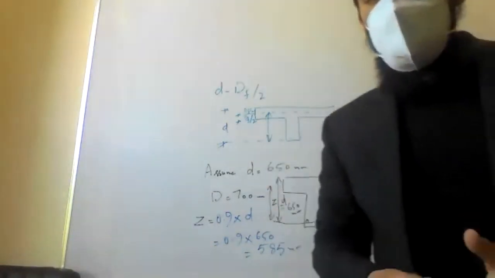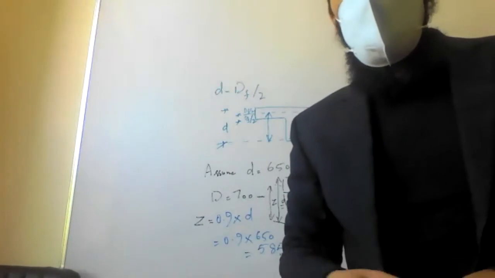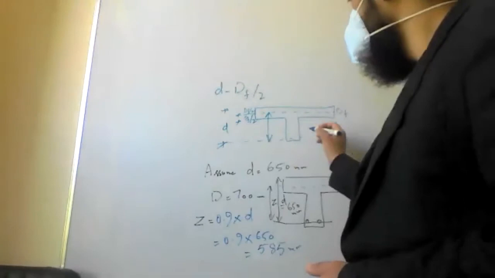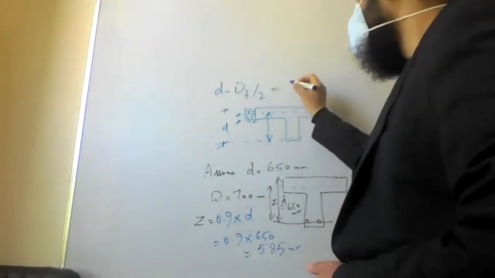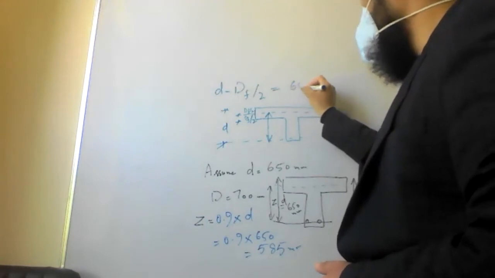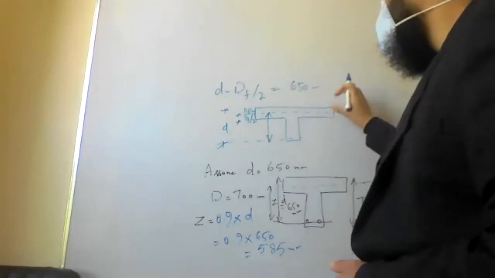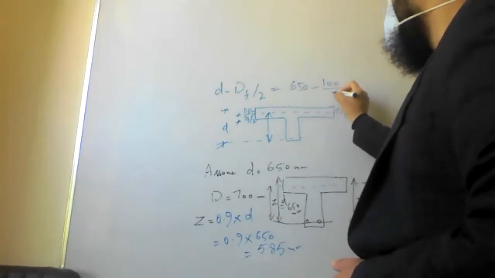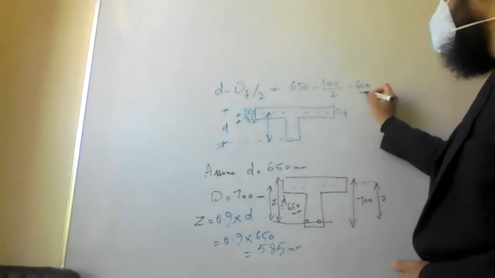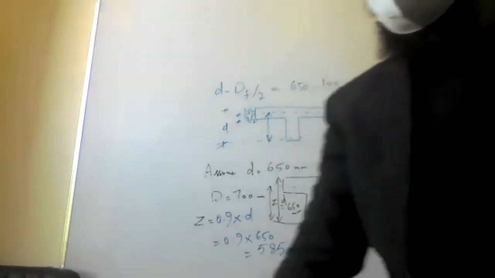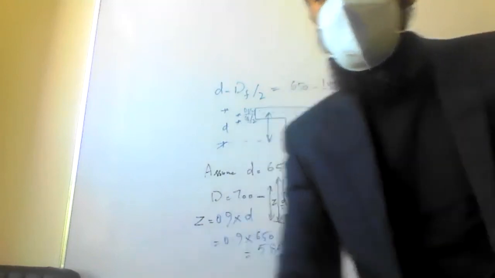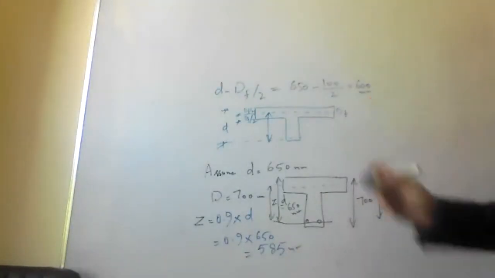Now, let us first calculate d minus df by 2. d is 650, df is 100 divided by 2, so it comes out to be 600 mm.